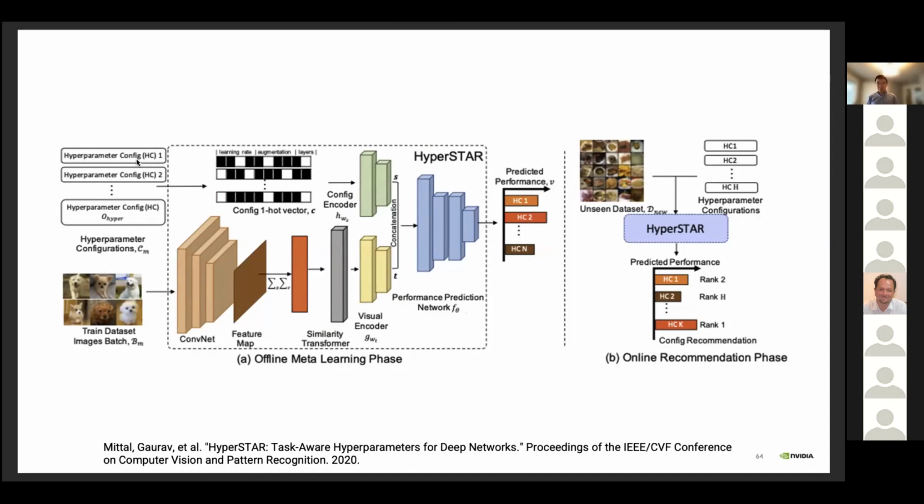Based on the predicted performance, you can choose which configuration you are going to use. The nice thing about this predictor concept is that you can apply it to an unseen dataset. Then you can directly rank these recipes and choose the one you like, the model that is best for the downstream task.